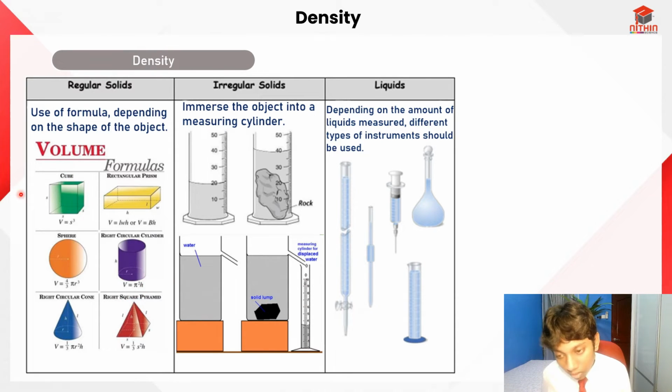If it's a cube, you know it, right? Length times base times height. If it's a rectangular prism, all of these formulas you will learn in secondary school during maths lessons, and some of them during science lessons.